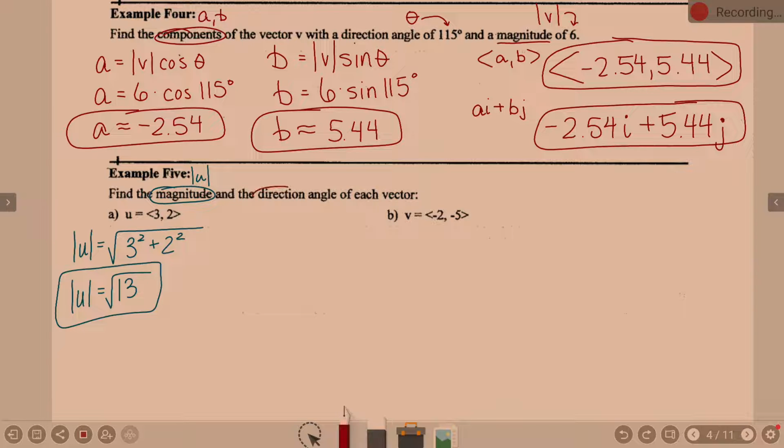We're also being asked to find the direction angle of each vector. So direction, if we're being asked to find the direction angle of the vector, we're being asked to find theta. What do we have in it that uses theta?